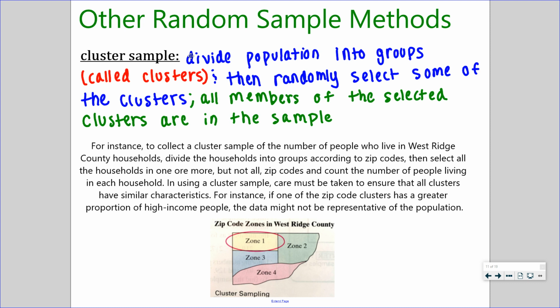But here's how it's different. If I did it in these 4 zones, obviously we're not going to sample every single person. We're just going to choose one of the zones and survey every single person in that zone. So with a stratified sample, we select random amounts out of each stratum. In a cluster sample, we randomly select a cluster, and then that's our sampling group: everyone in that cluster. That's a big difference.